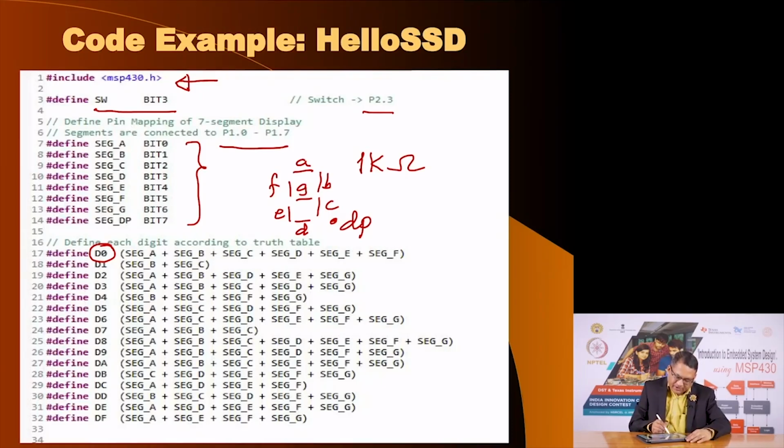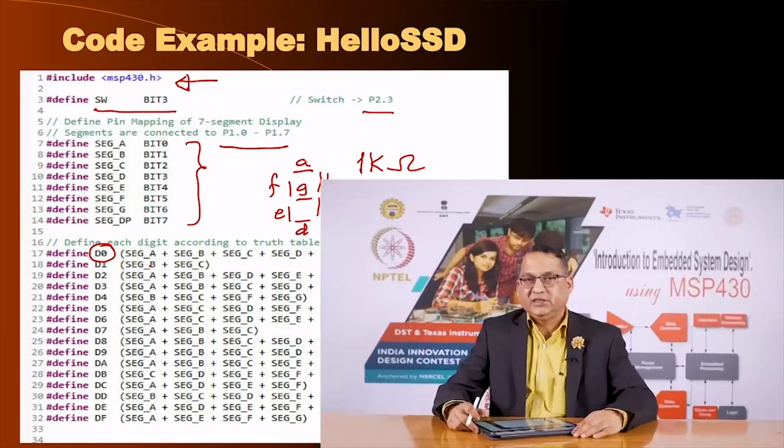When we want to display 1, it is segment B and C as I mentioned, and so on. And this is mentioned for all the 16 digits from 0 to 9, and then A, B, C, D, E and F. Of course, some of the alphanumeric characters will appear in capitals and some will appear in small letters, and one can see what they will look like by simulating these numbers on a graph paper.